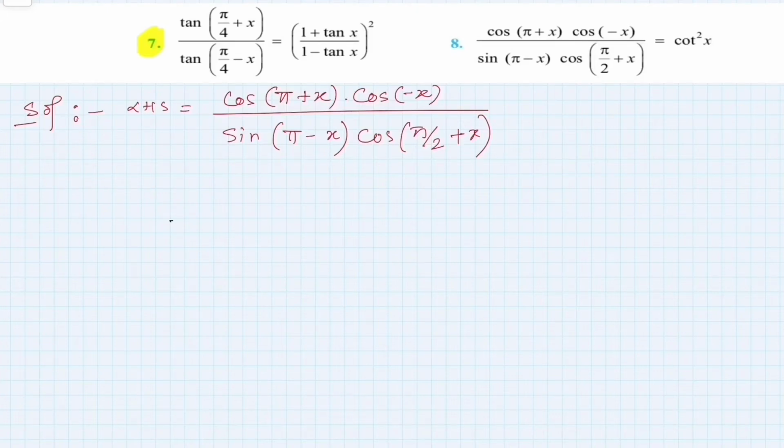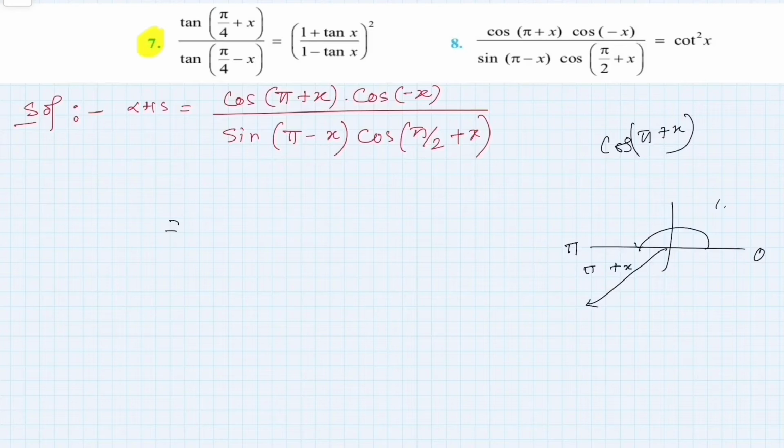Here you see cos(pi + x). If this is 0, then pi + x must be here. This is first quadrant, second quadrant, third quadrant.